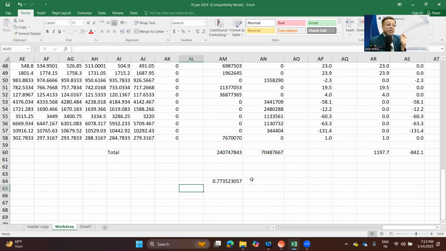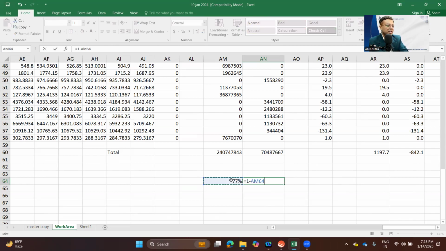What is the percentage of upside volume in the total volume? Meaning in the total volume, what is the contribution of upside? Similarly, you can use 100 minus this, or 1 minus this.